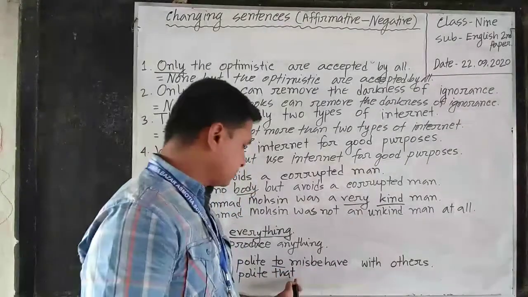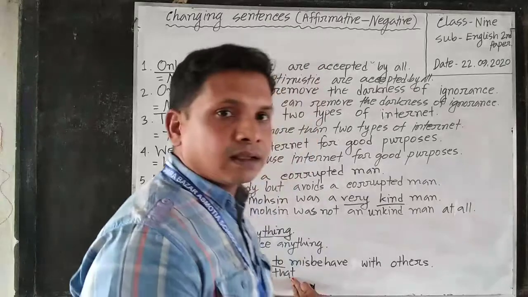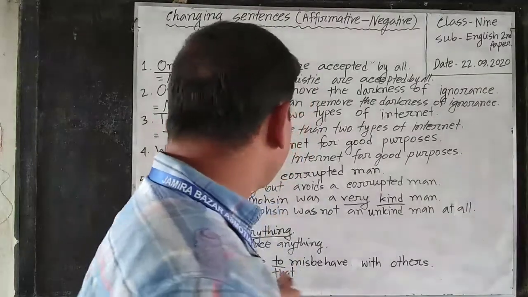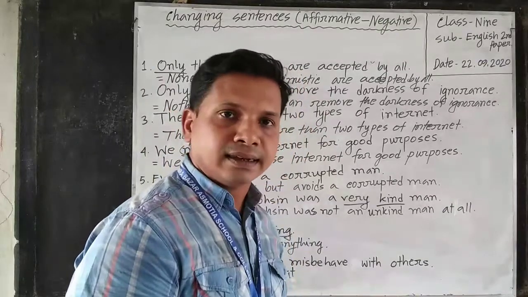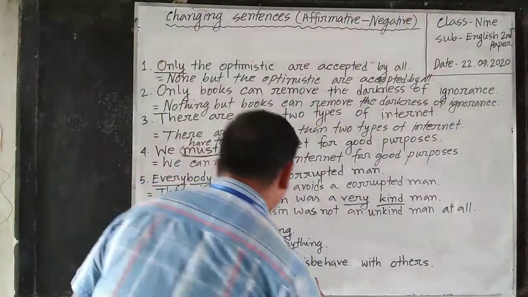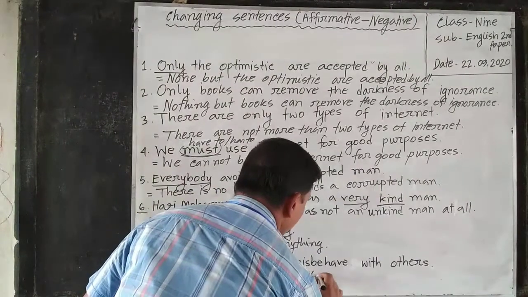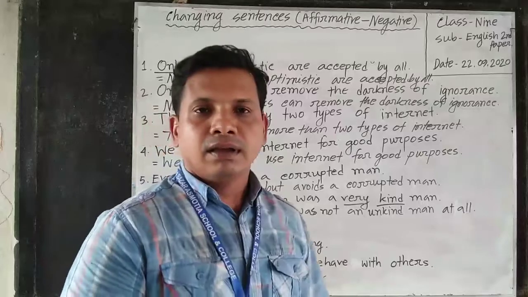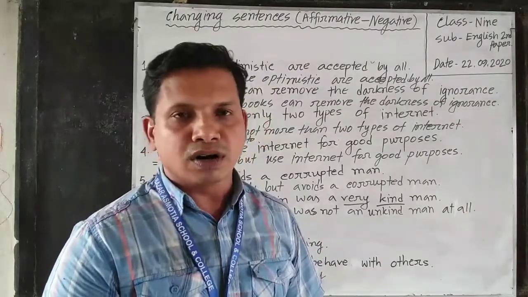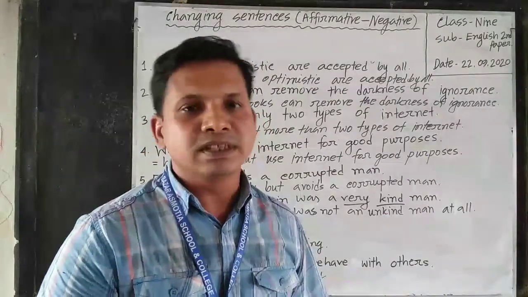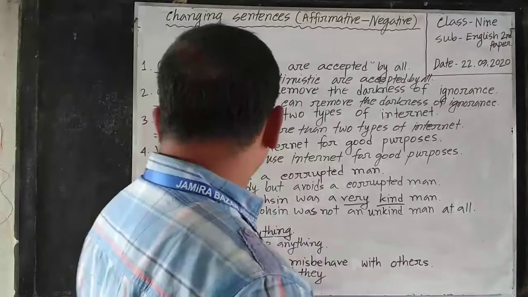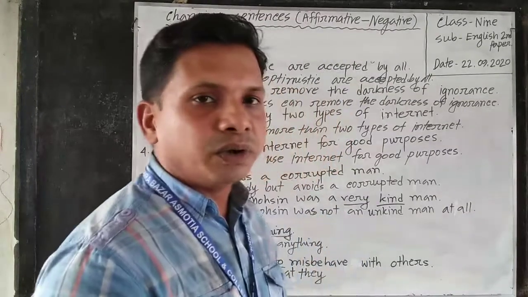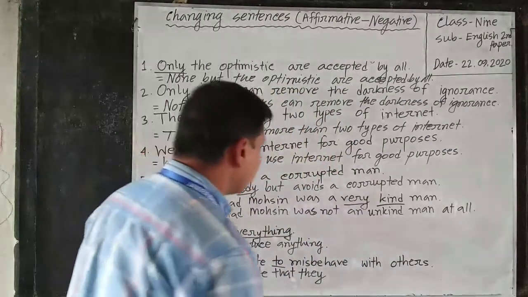Dear students, after using that, we have to write the subject of this sentence again, and that is they. Then we have to use cannot or could not according to the tense of this sentence. So the sentence is in the present tense, so we will use cannot.